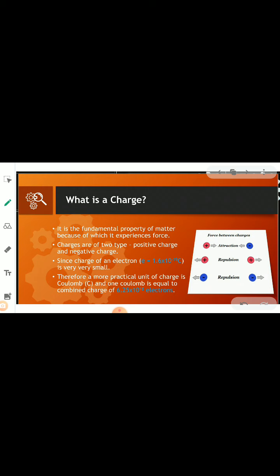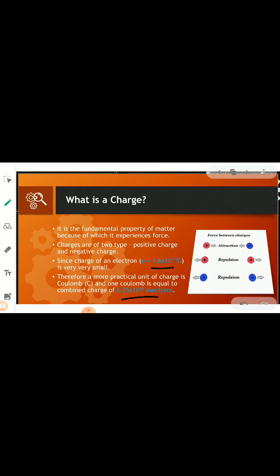The electron has a charge of 1.6 into 10 raised to minus 19 coulomb, and 1 coulomb is equal to 6.25 into 10 raised to 18 electrons. So these are the two values which you have to remember.